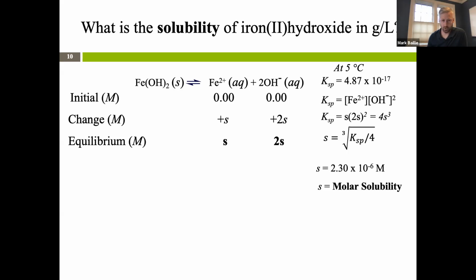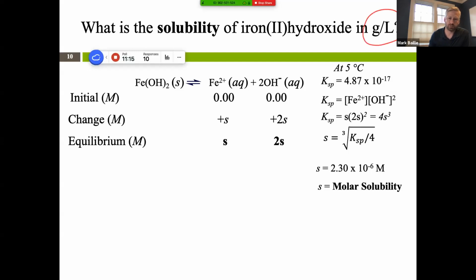Question. Go ahead. So when it's asking what is the solubility, it's asking for X basically. So in this case, the molar solubility is X. If you notice the terminology here, it said this one was in grams per liter. Is that the same thing?